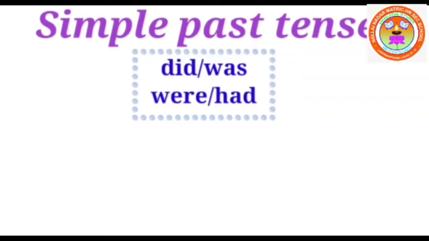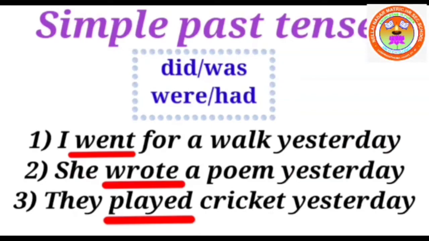So look at the examples. The first one is, I went for a walk yesterday. Here the verb is went. It is in the form of did, and yesterday indicates past. So simple past tense.